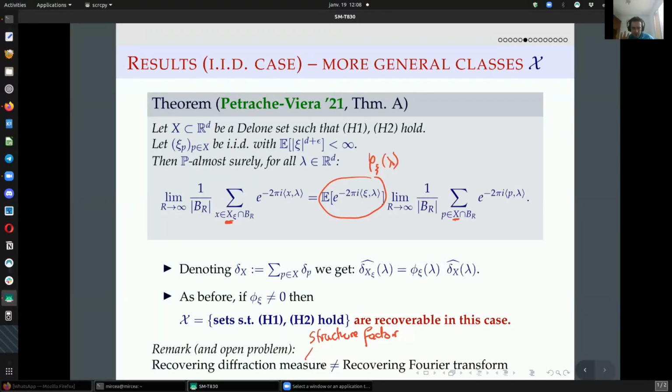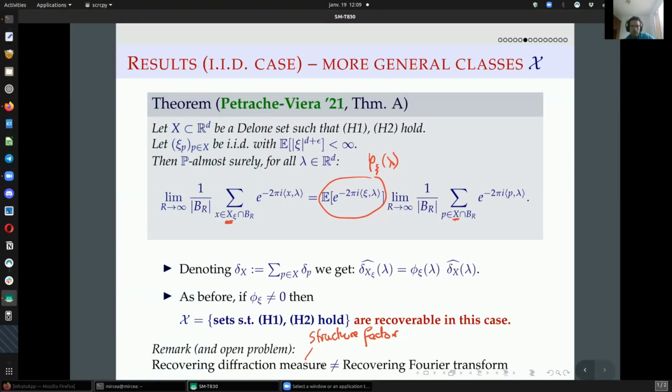The diffraction measure contains a little bit less than the Fourier transform, but it also contains the square. So it is a more nonlinear problem to study the recovery of the structure factor, because it contains a square. It's like a square of the Fourier transform in an averaged way. Okay, so just to mention this difference.